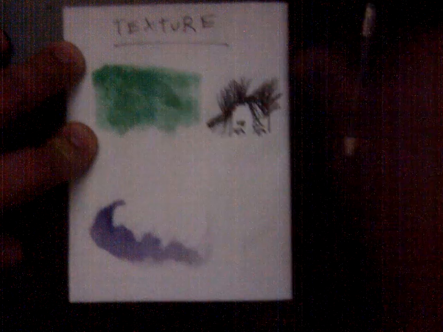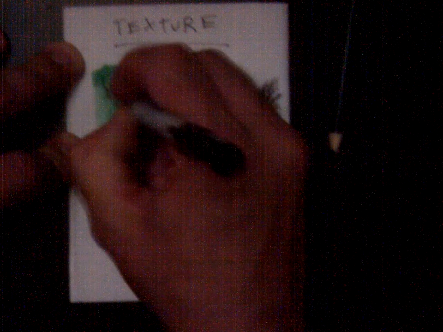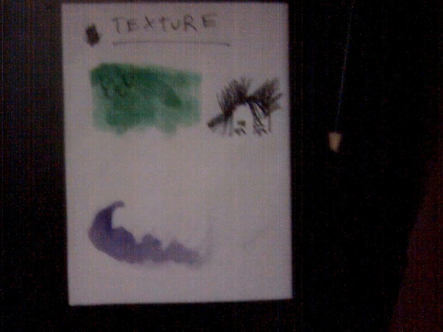And all I have to do to this one, I can't really see that very well, so I'm going to use my marker. Okay, let me switch to a darker color here.